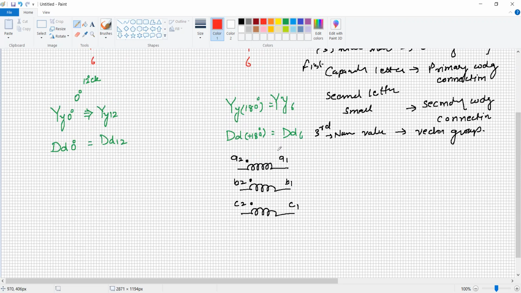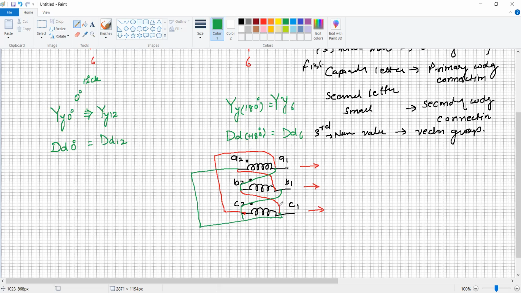So the first way is to connect A2 to B1, B2 to C1, and A1 to C2, and these are the supply terminals for the secondary side. The second way is to connect A1 to B2, B1 to C2, and A2 to C1.